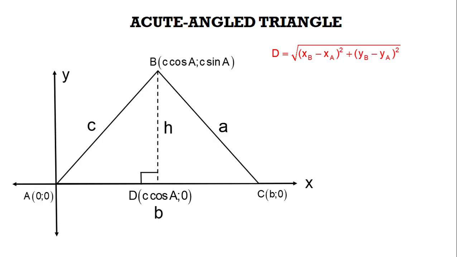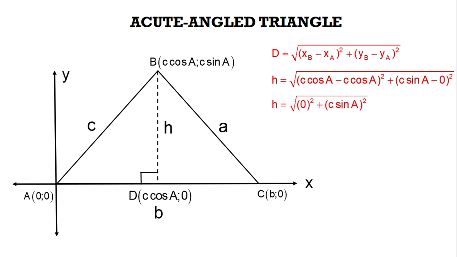So using your distance formula, you will substitute for your height BD. So (c cos A minus c cos A) all squared plus (c sin A minus 0) squared. So you simplify, and this is how you get h to be c sin A.